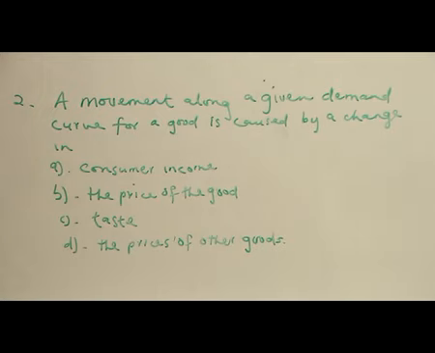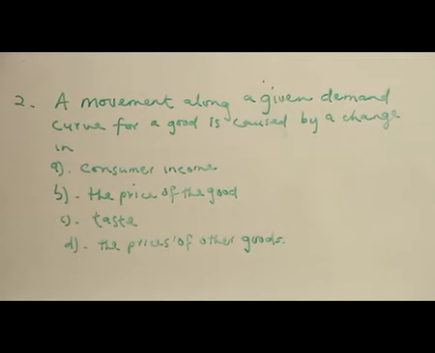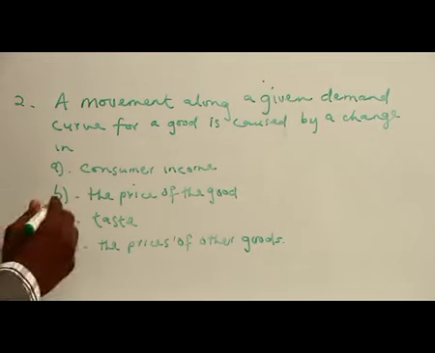So here, consumer income cannot be on that area. We can't have taste along the demand curve. We can't have the prices of other goods on that. So it is the price of the commodity and quantity demanded that is talking about movement along the demand curve. So the remaining three options will be based on change in demand, not change in quantity demanded. The right answer is B.